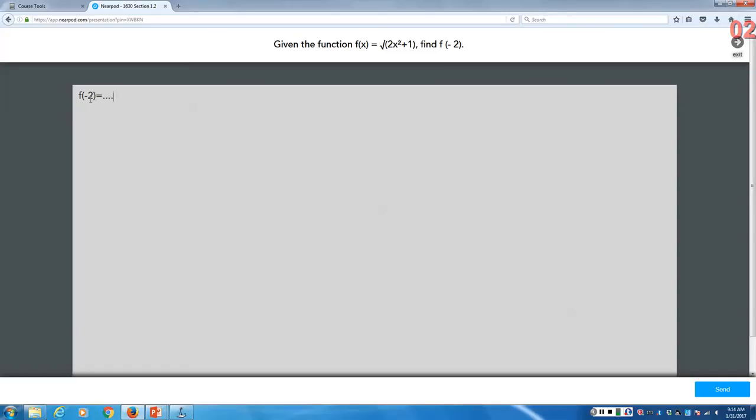Just type f of negative 2 equals. And then your answer will pop up here, and I'll see what you think the answer was. And you can use your calculator.